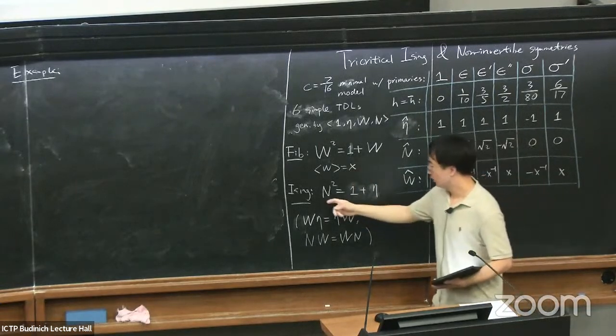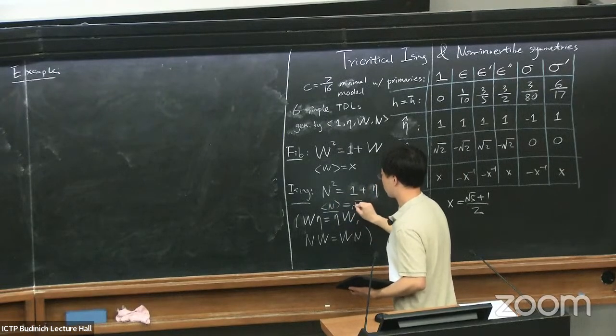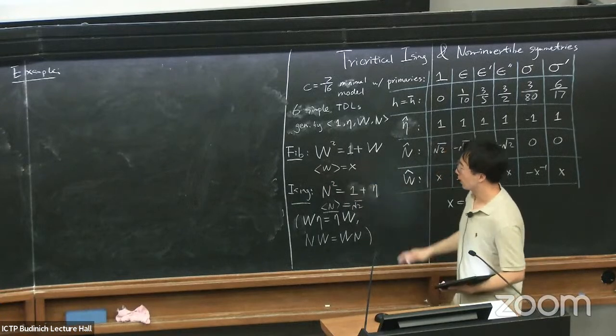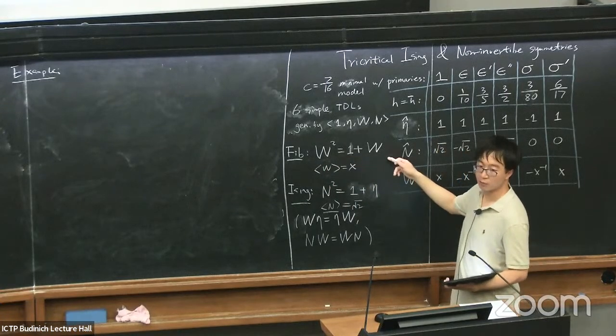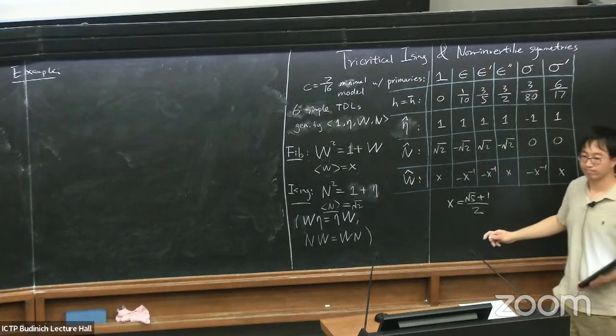In particular, the quantum dimension of this duality defect line is square root 2. On the other hand, the quantum dimension associated with this W line, because they have to solve the same polynomial equation given by the fusion rule, you can find out is the golden ratio.